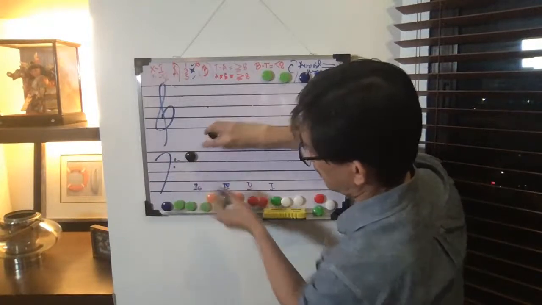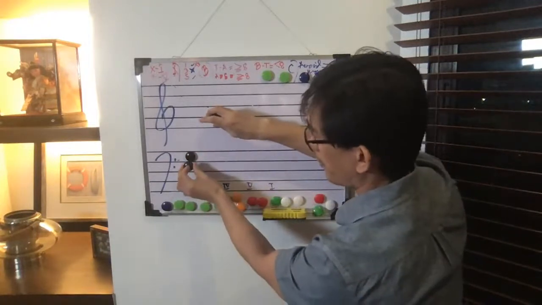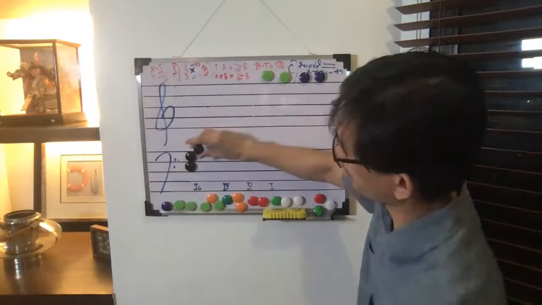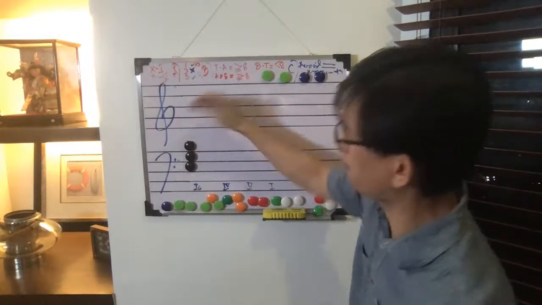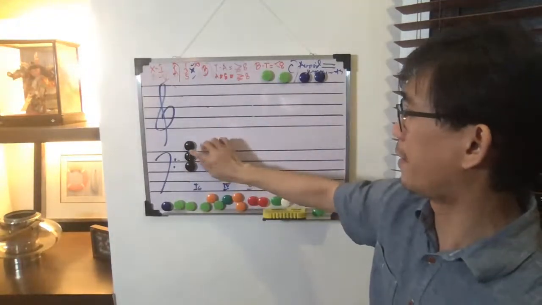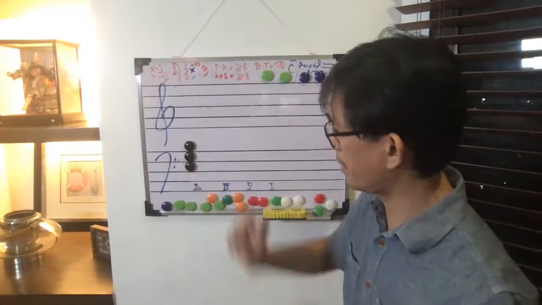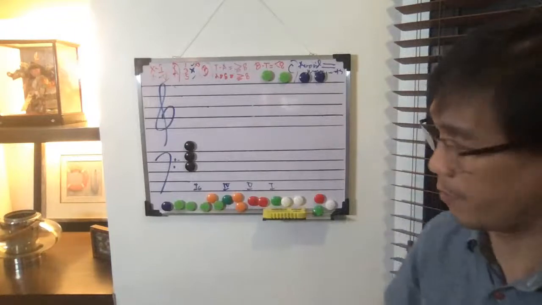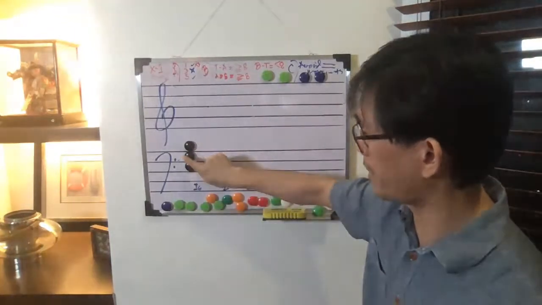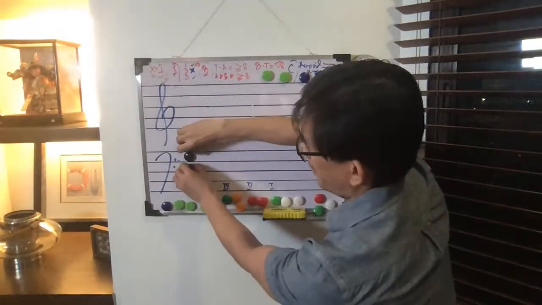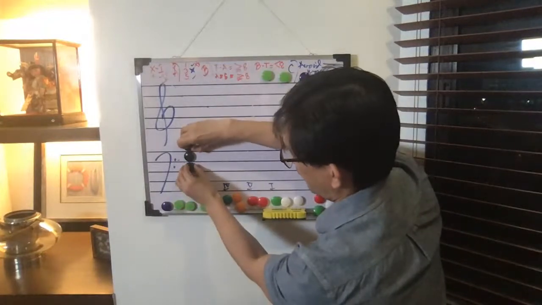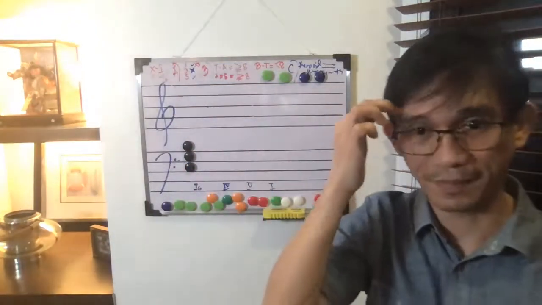Since you know that that's the third, then a third below would be the tonic, and a third up here would be the fifth. So that's already correct. But then something is missing, because what key signature are we going to use? Remember, the given one, the one I put here, is just G natural. So what key signature?